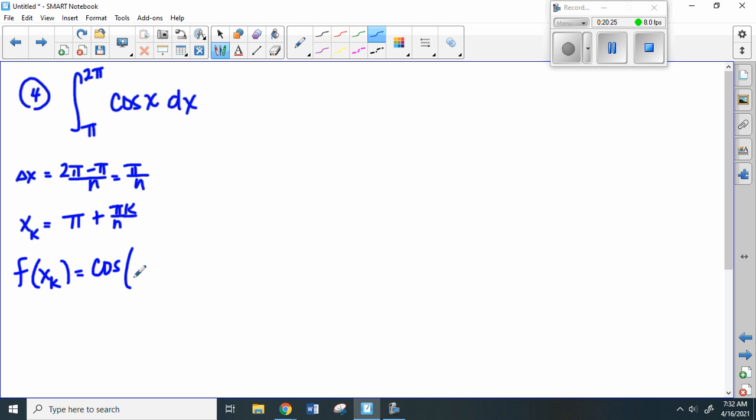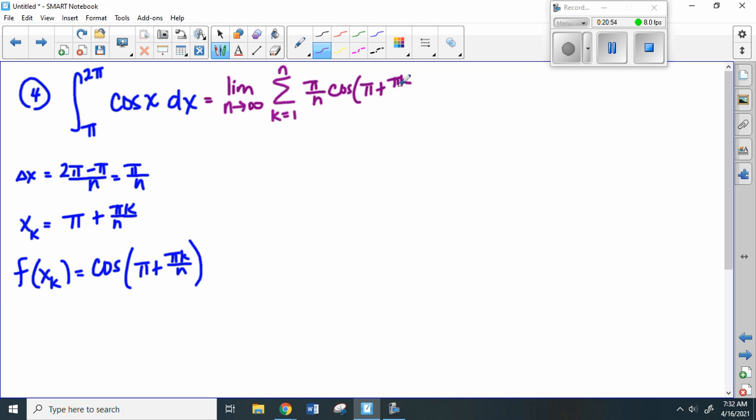And it's going to look like this, cosine of that added piece, okay? And so then we can put that all together, and we can write this as the limit as n approaches infinity of a Riemann sum, okay? And our Riemann sum is our length times width, where our width is delta x, and our length is our function of x. Okay?